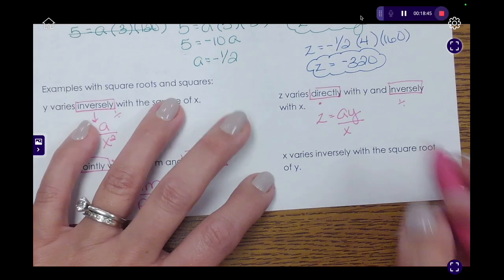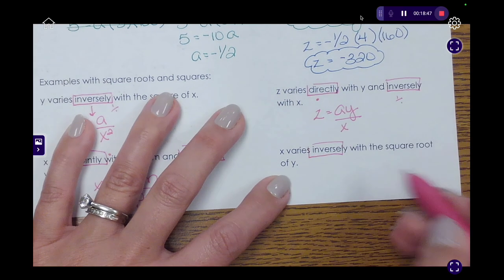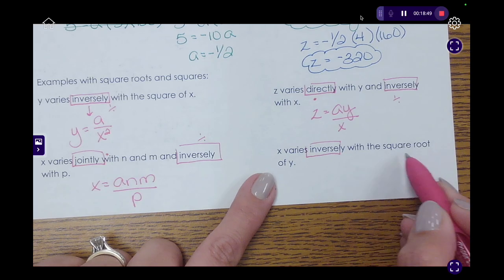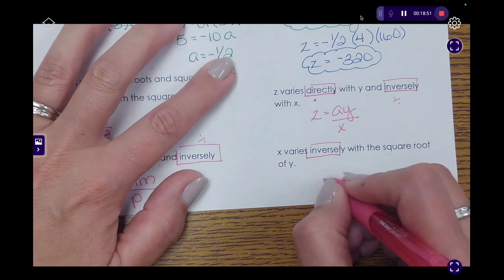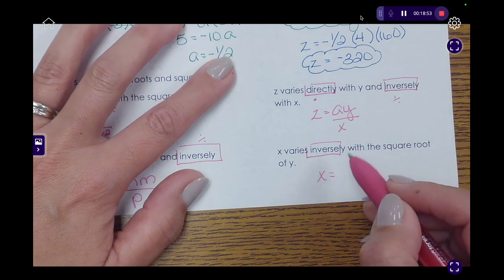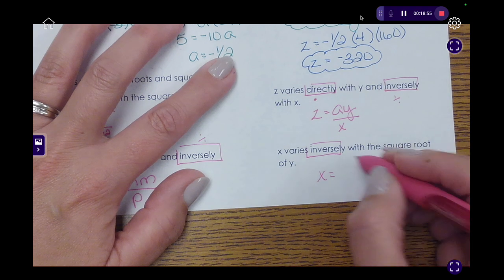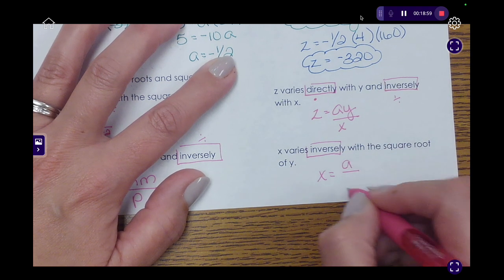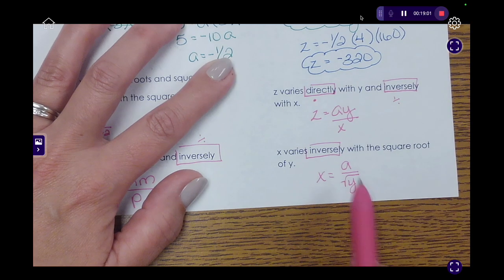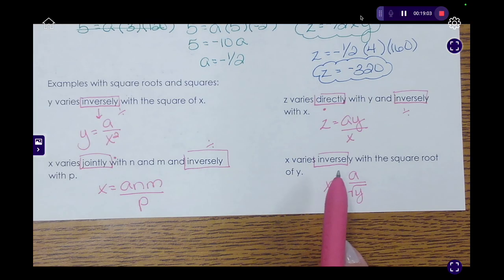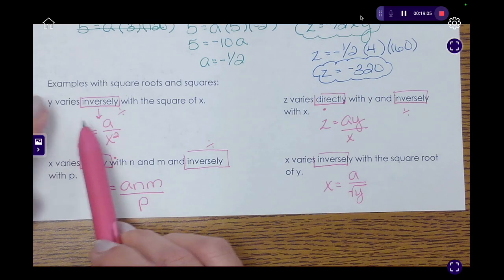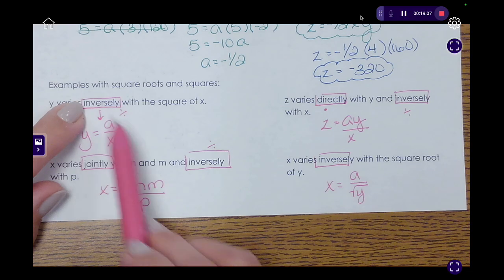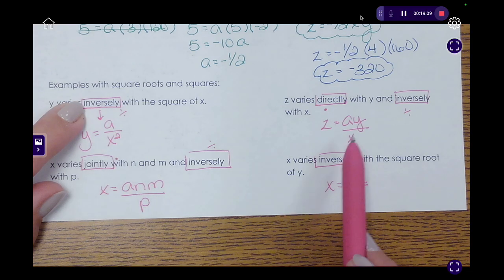Okay, so x varies inversely with the square root of y. So if I look at this one, if it's inverse variation, that means I am dividing by the square root of y. So key parts here, look for your terminology. Anytime it says it's varying inversely, that's being divided on the bottom.